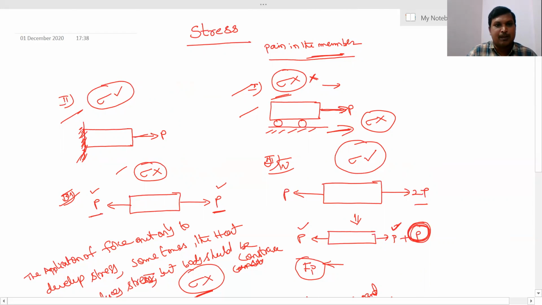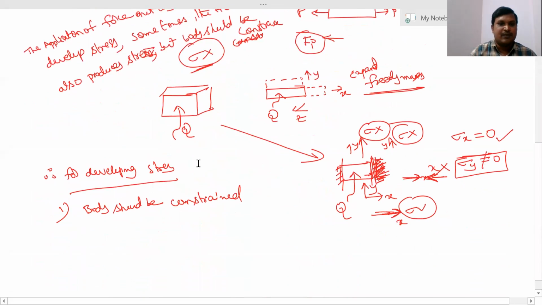When you try to apply the force on the right side, the body does not move freely, so there is a strain in the member, and a stress is developed. So by observing the first and second case, for developing stress, the body should be constrained.